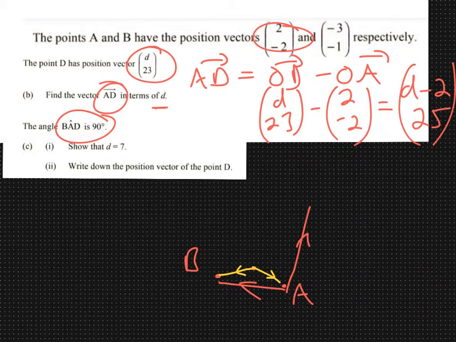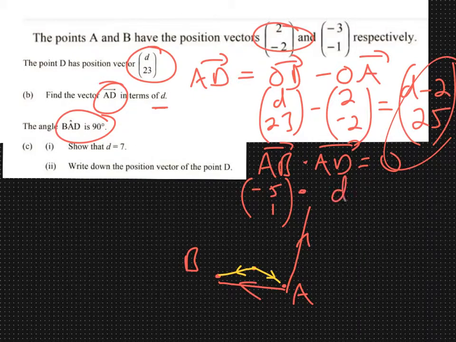But if we know that this angle BAD is a right angle, because it's 90 degrees, we can deduce that the dot product of AB and AD must be equal to 0. Vector AB we worked out earlier was (-5, 1). We know that vector AD in terms of D is going to be (D - 2, 25). So the dot product is equal to 0.